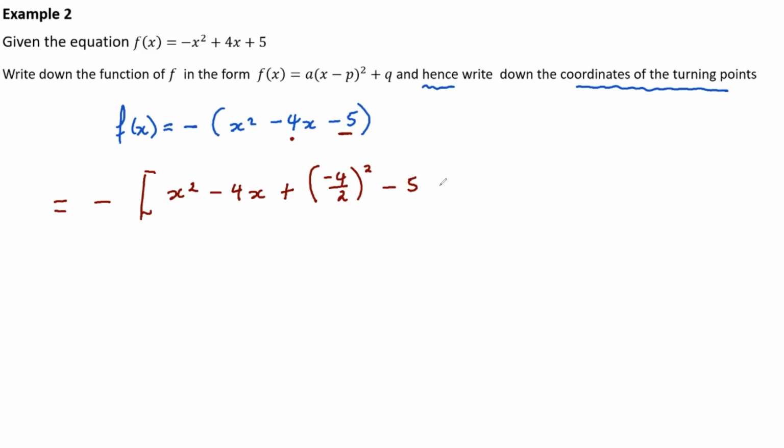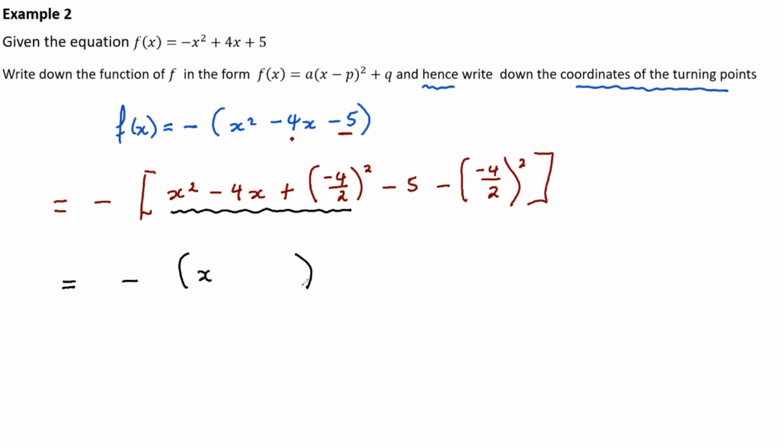I continue. Then I subtract again. That becomes negative 4 over 2 squared right there. I'm supposed to deal with this first. The negative is still outside. Then now I'm going to write it as x, then close bracket, squared.